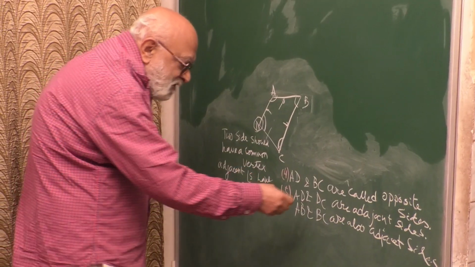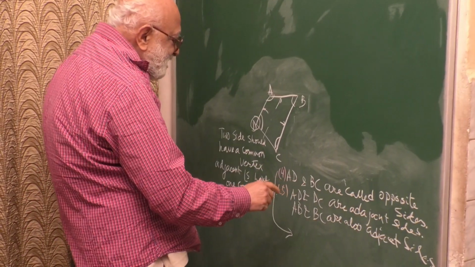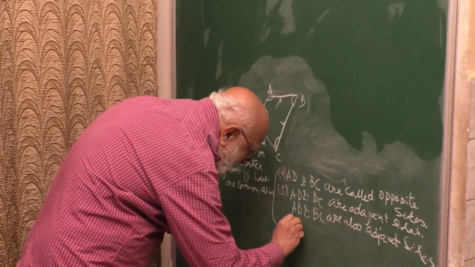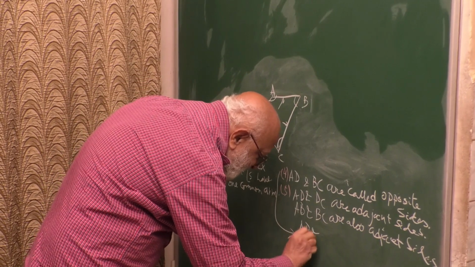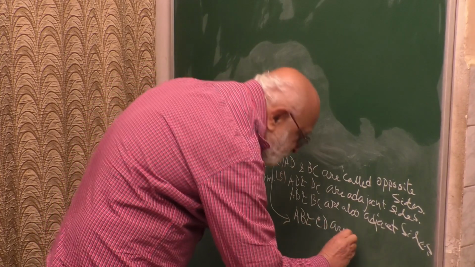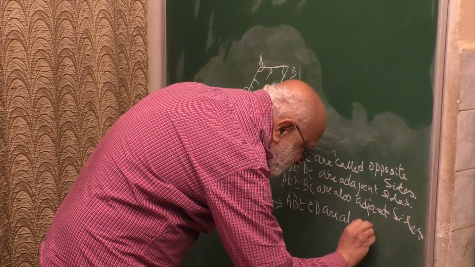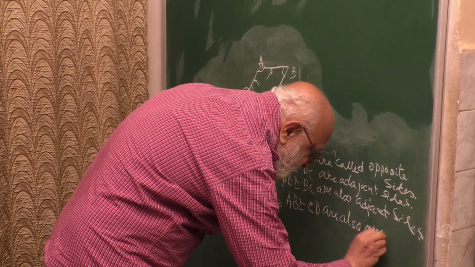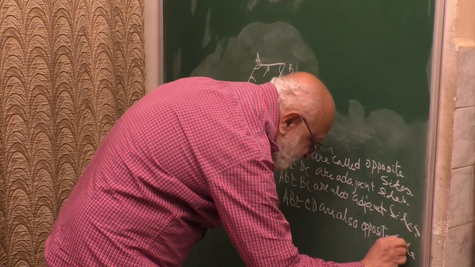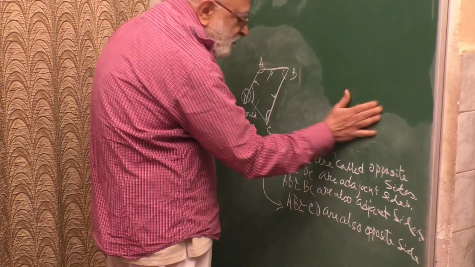I must add here also that not only AD and BC, AB and CD are also opposite sides. Okay, this is done. This is mostly what we have been able to do.